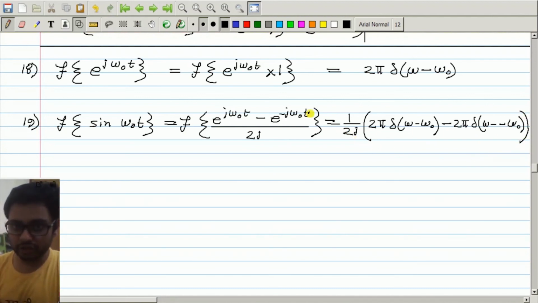This is because here you may write this as e to the power j, and then minus omega, and then minus, and then t.